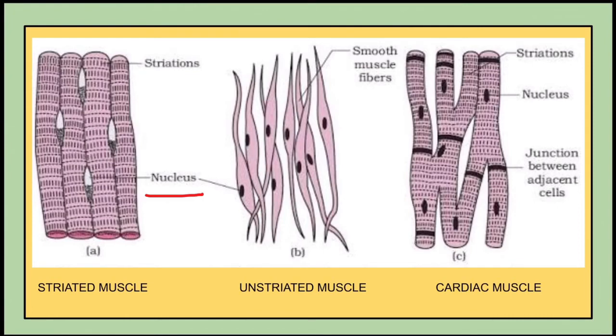Striated muscles have blunt ends, unstriated muscles have tapering ends. Cardiac muscle fibers are branched. Dark and light bands are present in striated muscles and cardiac muscles. In unstriated muscles, dark and light bands or sarcomeres are not present.